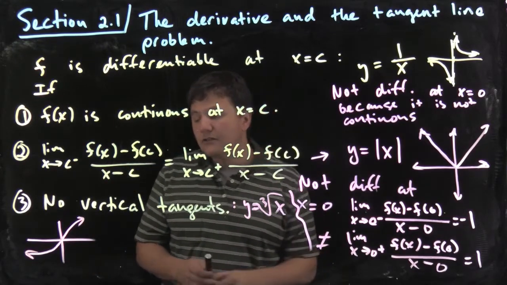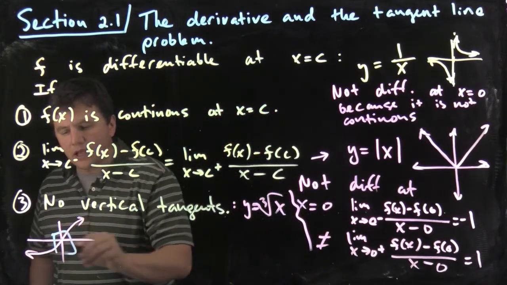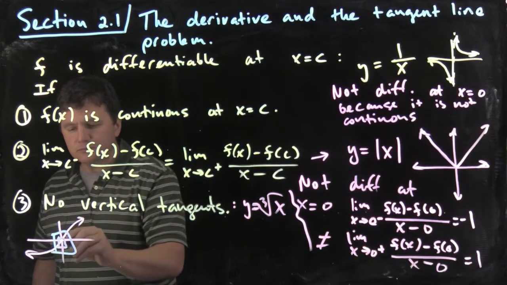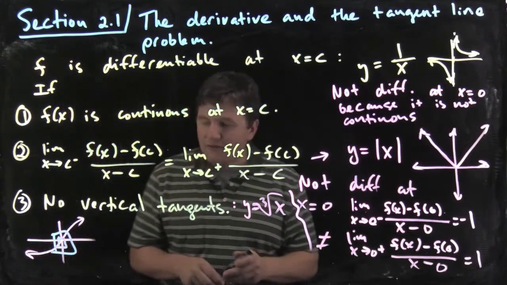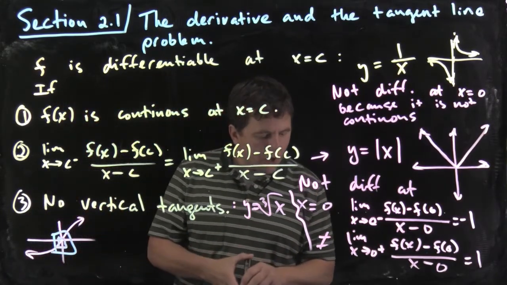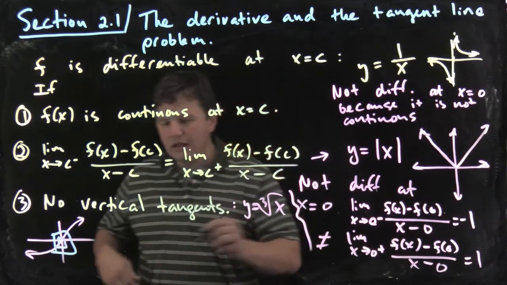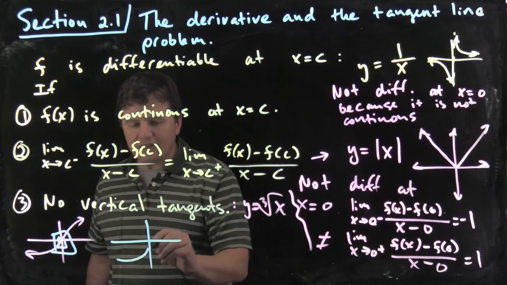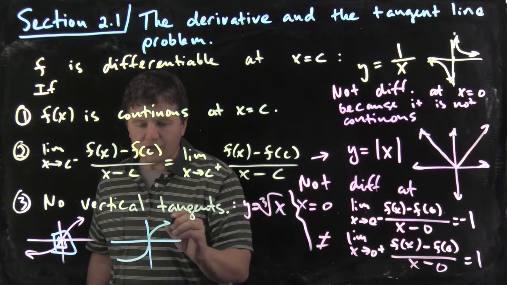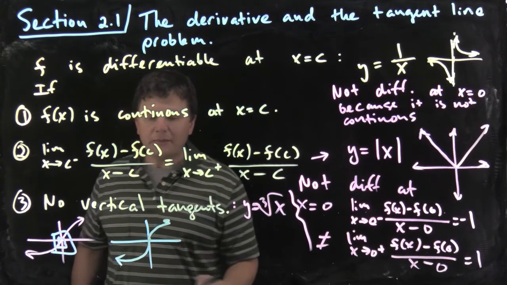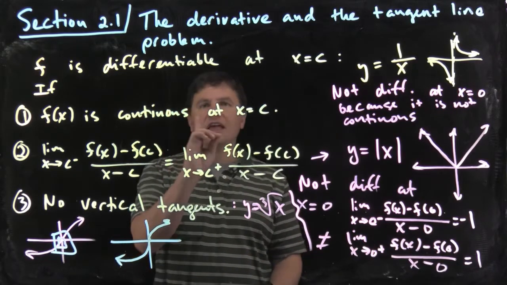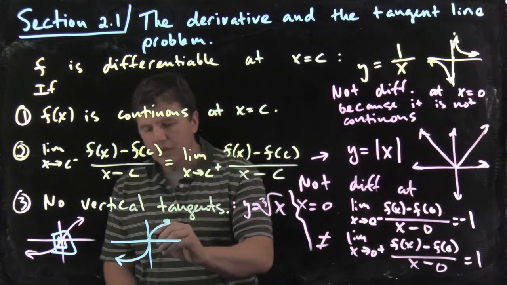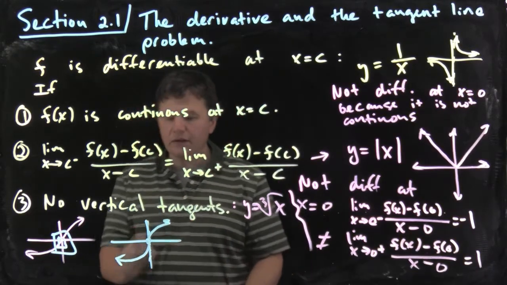But the reality is, as you zoom in and zoom in, if you keep zooming in on that value at about x equals 0, what you're going to see is this thing actually goes vertical for an instantaneous point. It only goes vertical for a point. So if you're sitting here going, oh, well, that means it's not a function. No, it's just that one point it goes vertical. So at that one point, it goes vertical.